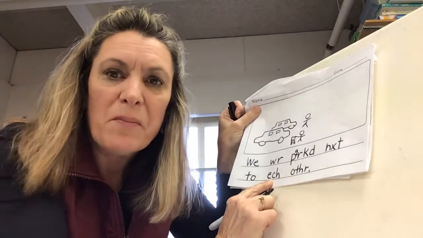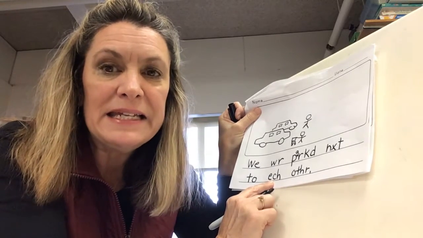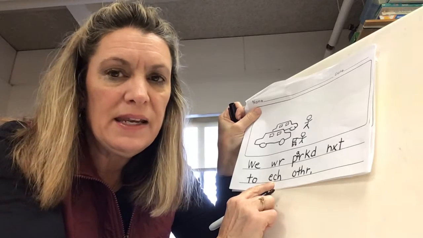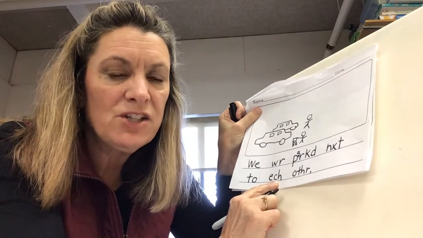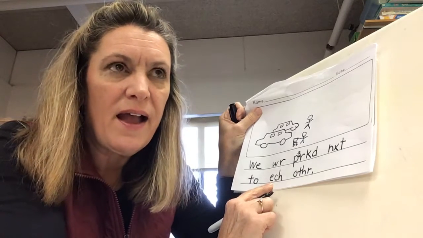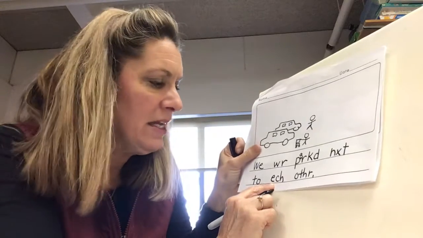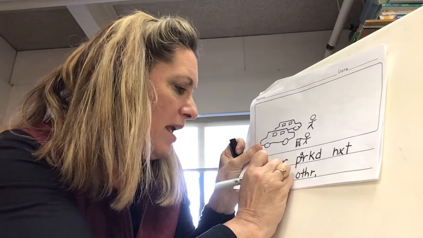I also remember another lesson we just did, and it was that long E sound, and it could be E-E or E-A, each. I bet this is one of those words too that Mrs. Stong taught us, and I think I might have seen this before, and it was like an E-A, each. So I'm going to put another A right here.